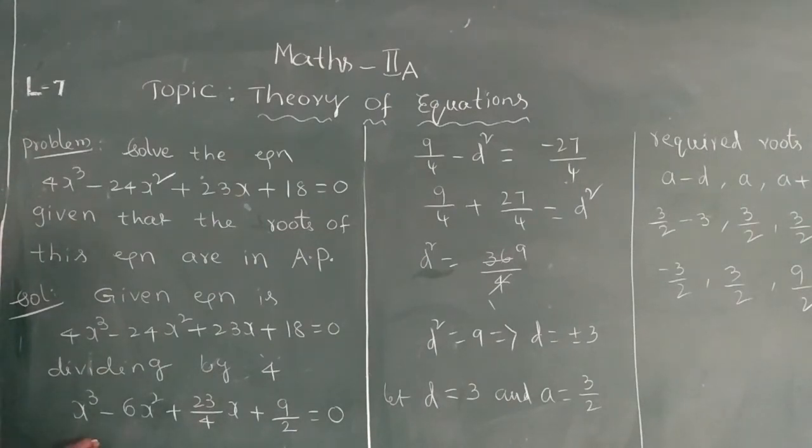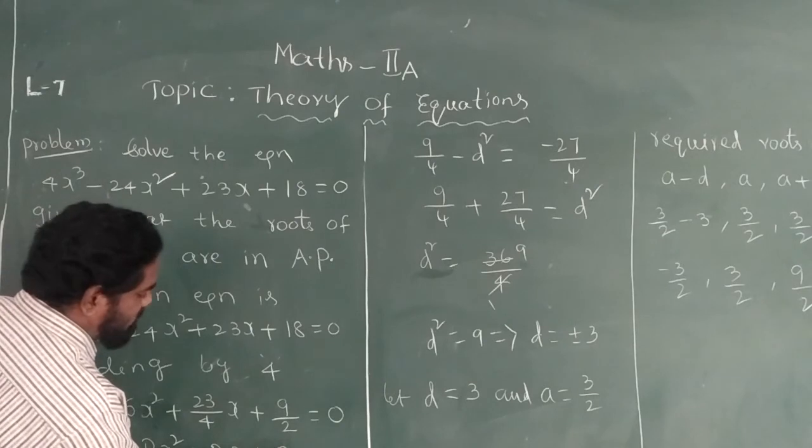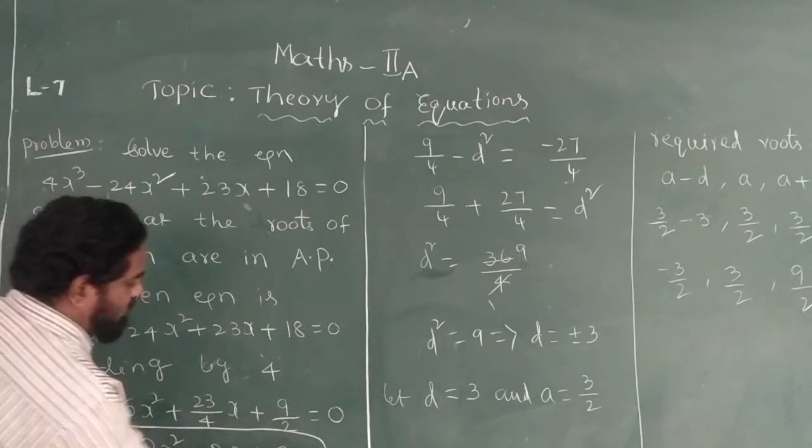Now this is compared with x cube plus p1 x square plus p2 x plus p3 equal to 0.